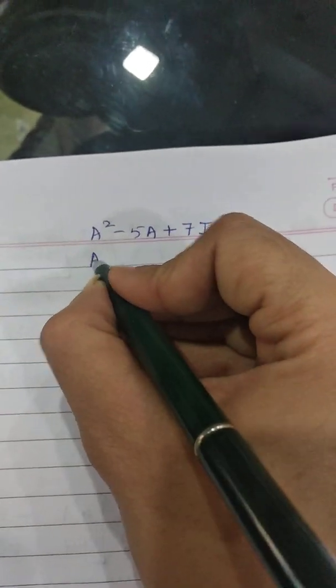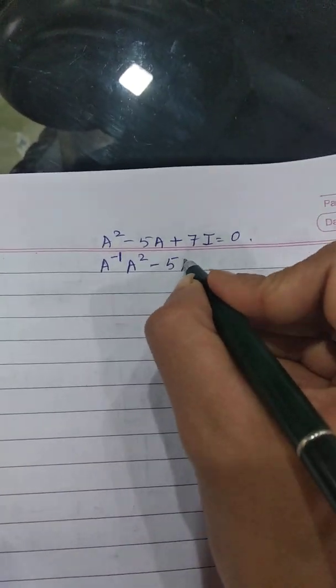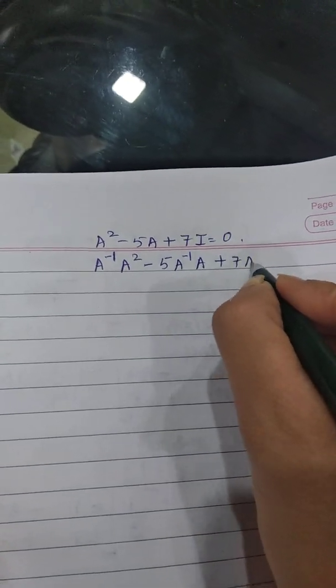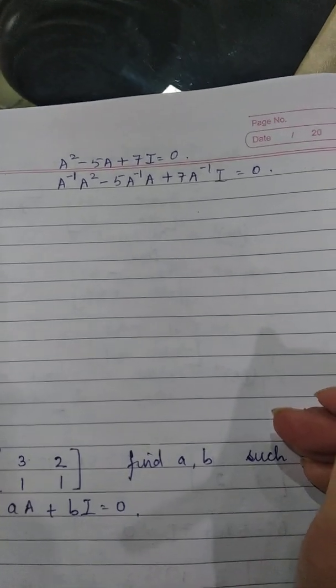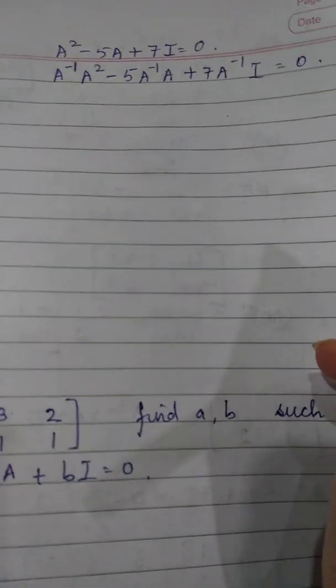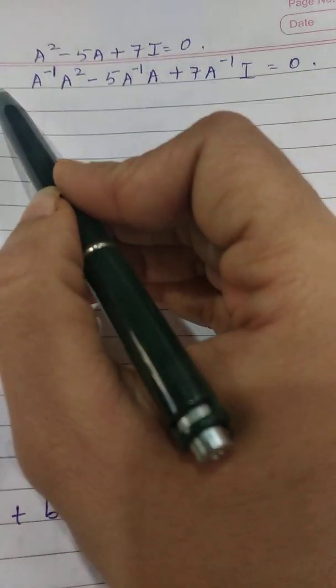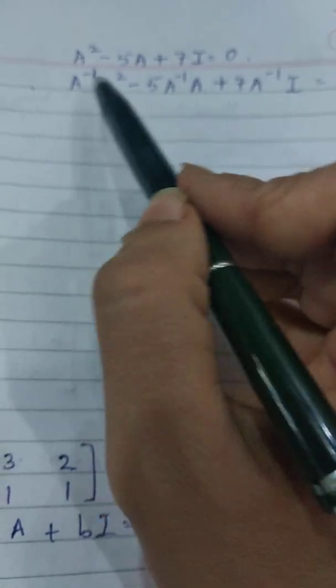So this means A inverse A square minus 5 A inverse A plus 7 A inverse I is equal to 0. This is how we multiply it, right? So multiplication means we'll be multiplying it with A inverse. Means A inverse value will come first, followed by the matrix values, right?